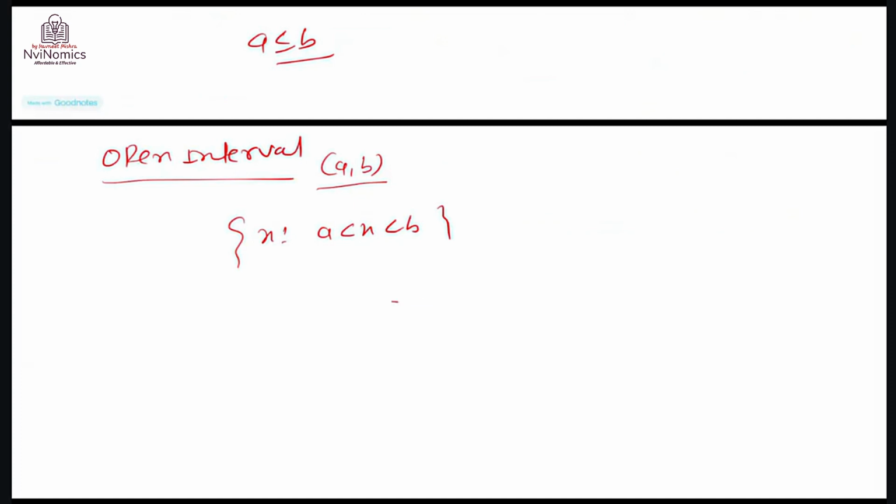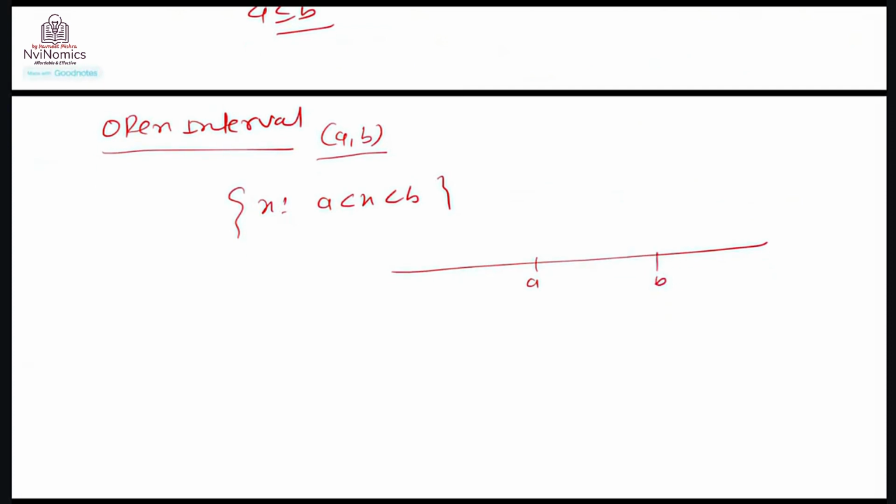On the number line with a and b, in an open interval we don't have to consider these two points. It means all the points between a and b, but we don't consider a and b.